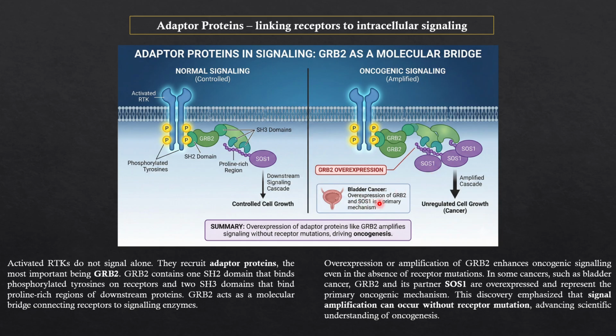This is seen, for example, with GRB2 and SOS as a primary mechanism in bladder cancer. To summarize, overexpression of adapter proteins like GRB2 amplifies the signaling without receptor mutations and drives oncogenesis.